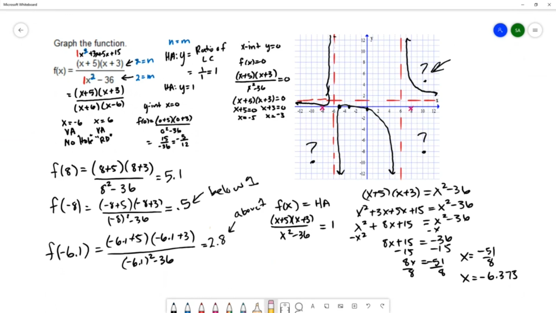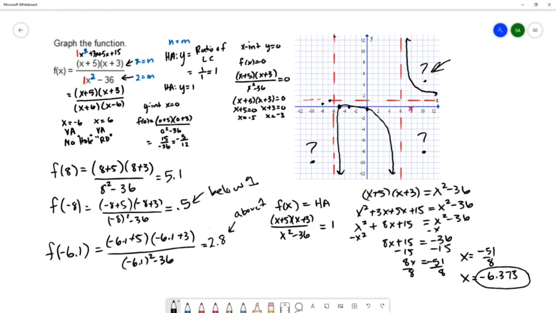So I've already redrawn this graph considering those pieces of information, but let's put in the points that we have there. Negative 8 and 0.5 is about here. We already mentioned that the graph crosses that horizontal asymptote at negative 6.35.